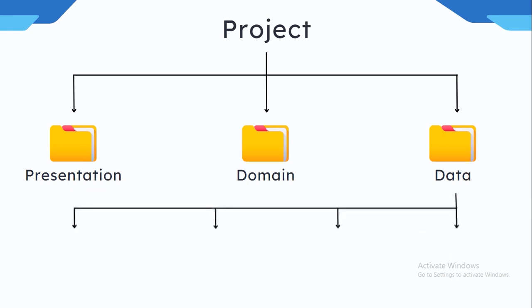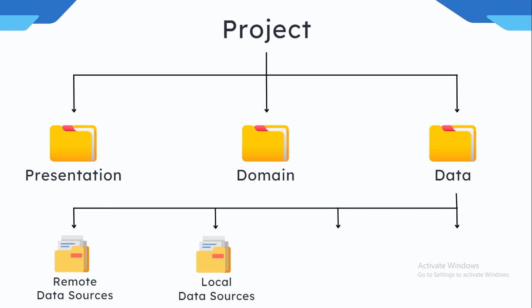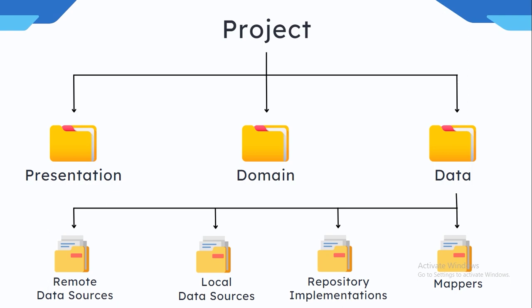Then we have data layer components in the form of remote data sources where we manage network requests, local data sources where we manage local database operations, repository implementation where we provide concrete methods for data operations, mappers where we convert data between different layers.